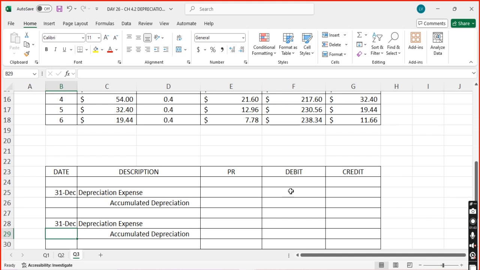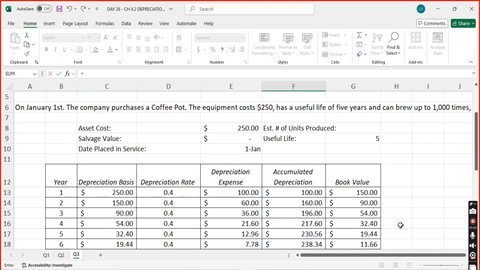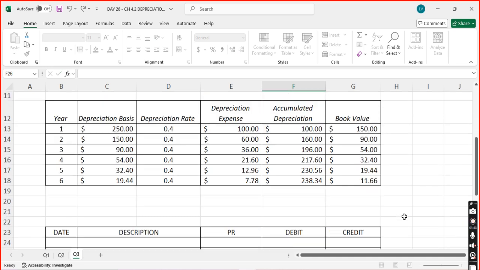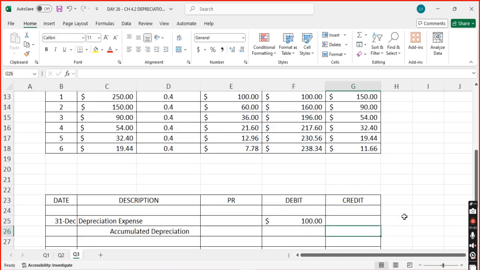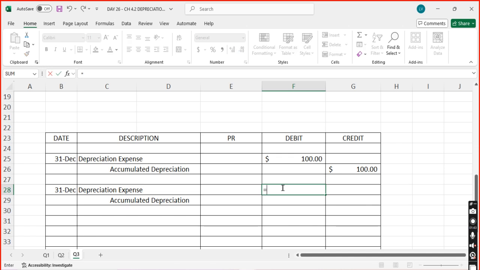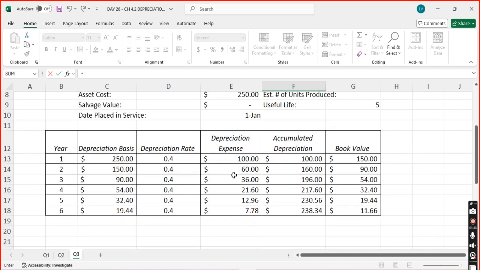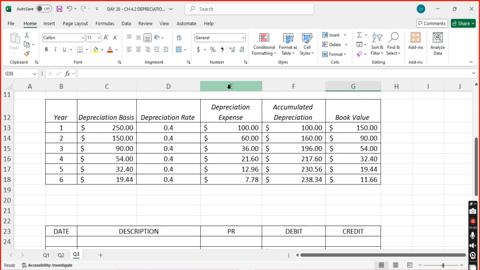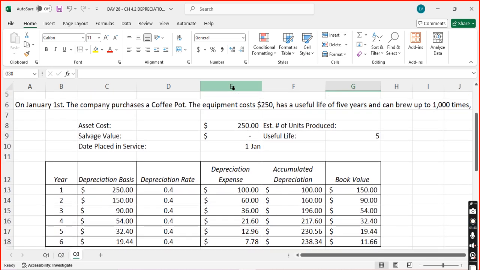But the only difference is, once again, for the first year, how much should we depreciate my coffee pot for? $100. And then how much should I depreciate for the second year? Okay, that's the accumulated 60, right? We did 60. Okay? Any questions at all in regards to double declining?